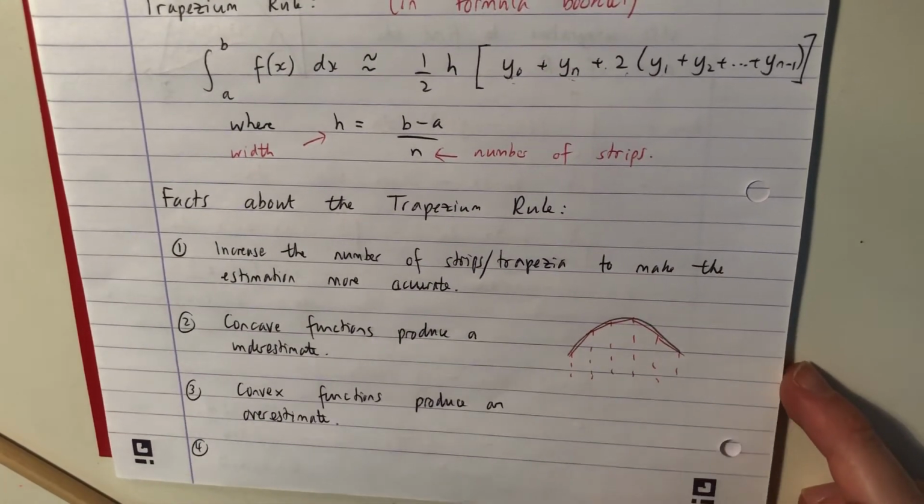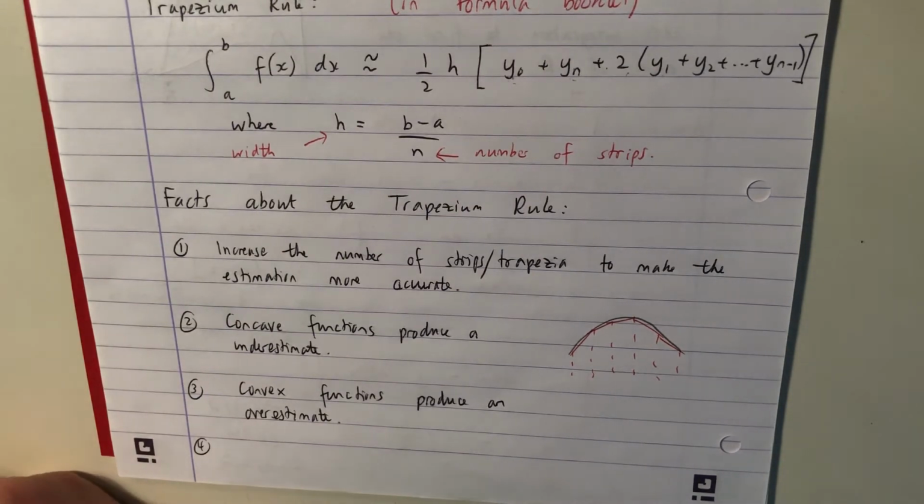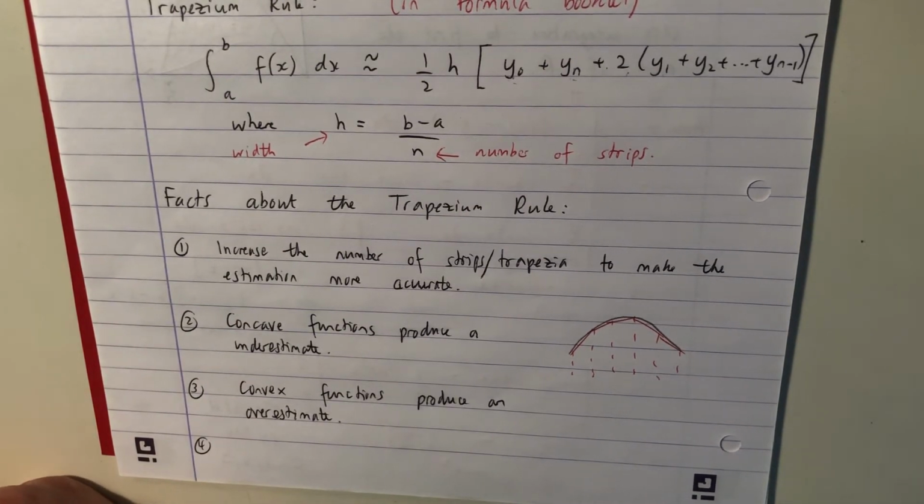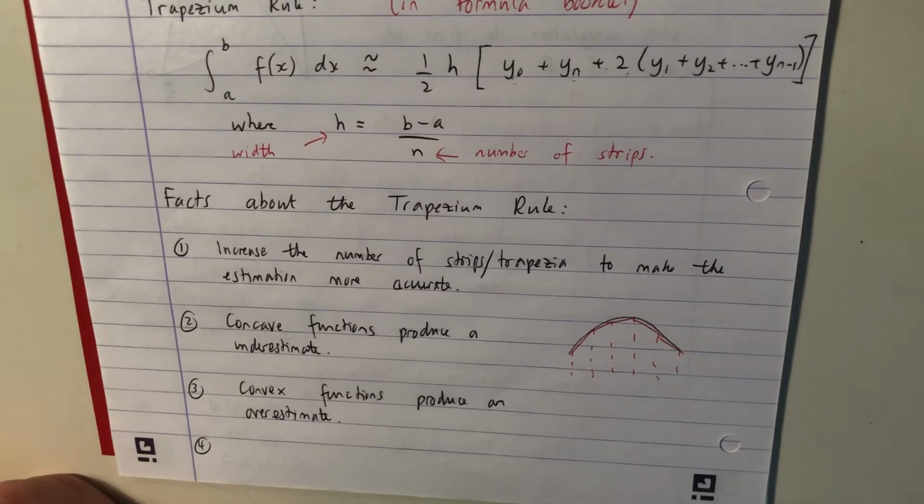And the fourth fact is sometimes you can actually work out the integration. So the main use of the trapezium rule is to work out the area of curves you can't integrate. But sometimes they can ask you to work out the actual integral, but then also use an estimation. So do two different things, the actual one and the estimation. And when they ask you to do that, they ask you to work out something called percentage error, like how far your estimate was out.